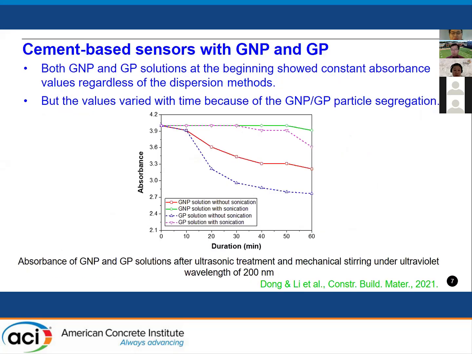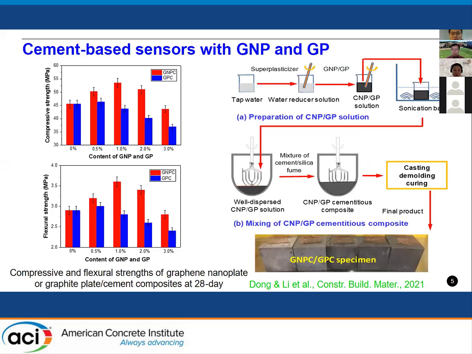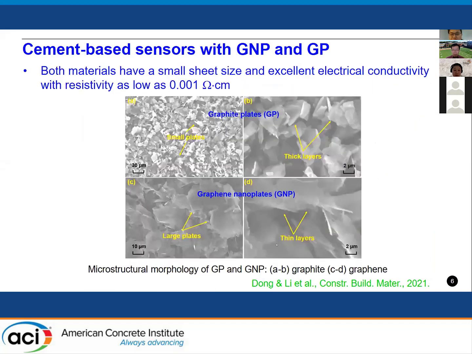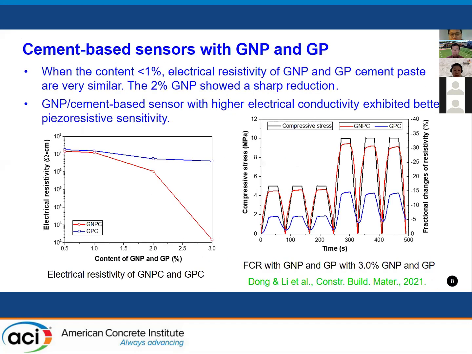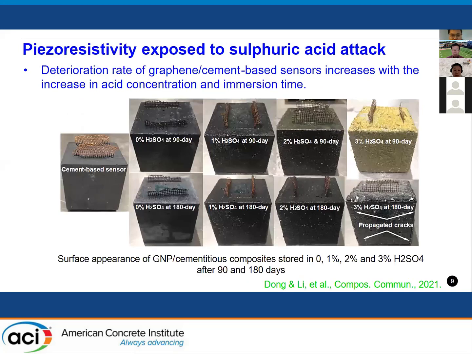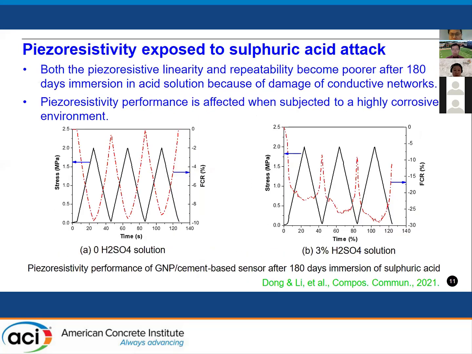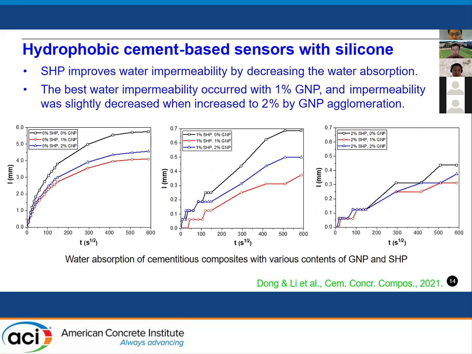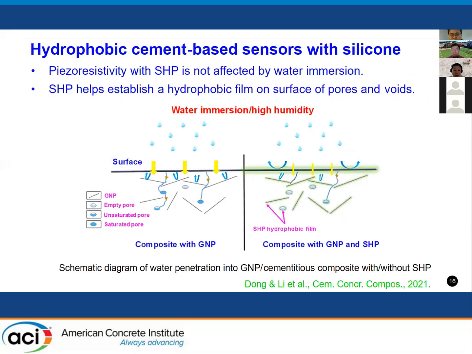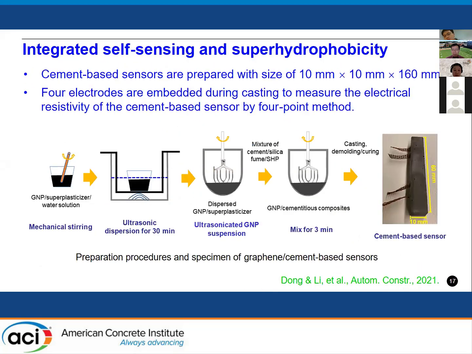At the beginning we used 2 electrodes, and then further we improved, we also used 4 electrodes to measure the resistivity of the specimen. Like here, this is the 4.